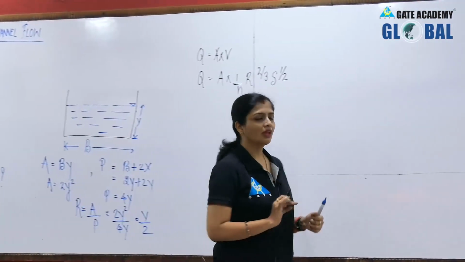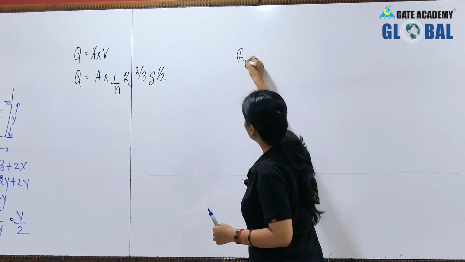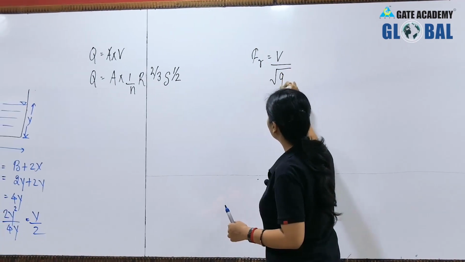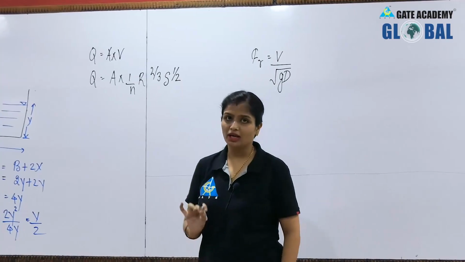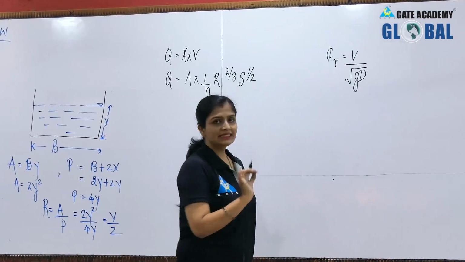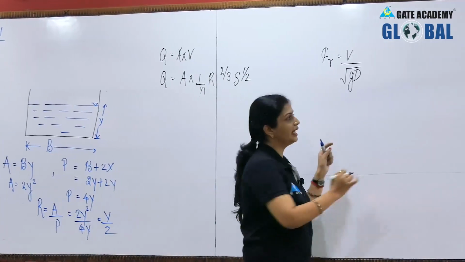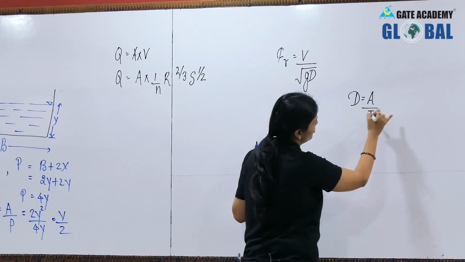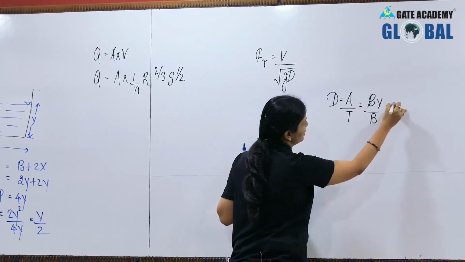Now, I will tell you. You know that Froude number Fr is equal to V over root of g D. This is the general form of Froude number. But in the case of a rectangular channel section, your hydraulic depth, which is the ratio of your wetted area to the top width, that is By over B, will be equal to y.